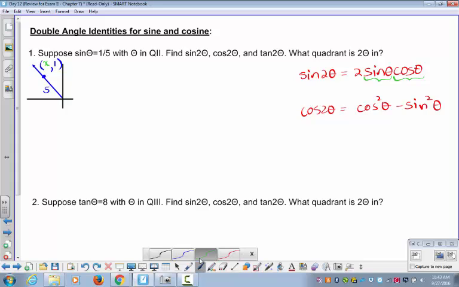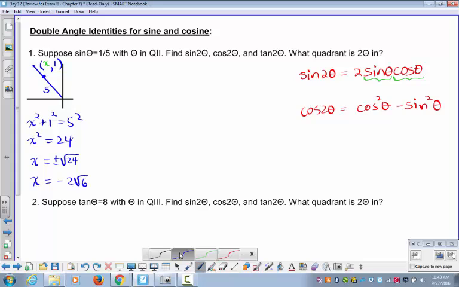We don't know the x, so we compute it using the Pythagorean theorem. We know that x squared plus 1 squared has to equal 5 squared. So x squared is going to be 25 minus 1. So x will be plus or minus the square root of 24. That's 4 times 6. So it's going to be 2 root 6. And plus or minus? Which one? Minus, because we're in quadrant 2, where x is negative.